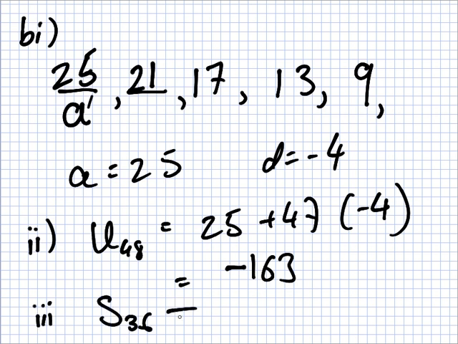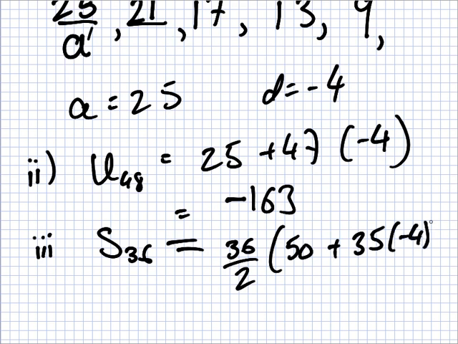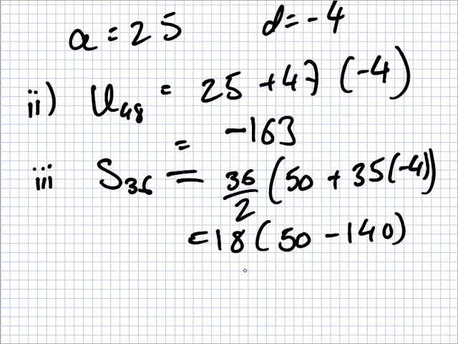S36, the sum of the first 36 terms. So that's N over 2, 2A plus N minus 1 times D. So that would be 18 times 50 minus 140, right? Yeah. So what's that? Let's try not to use the calculator so much. 18 times minus 90, right?